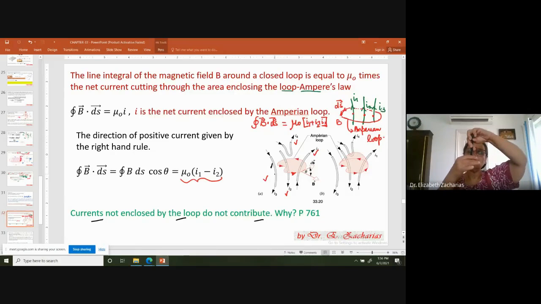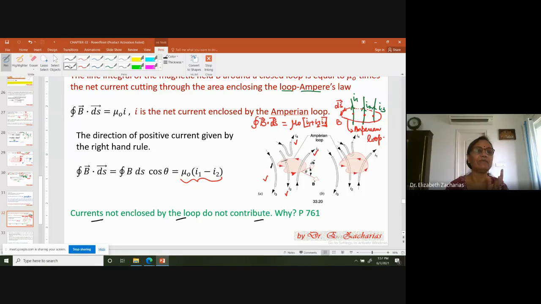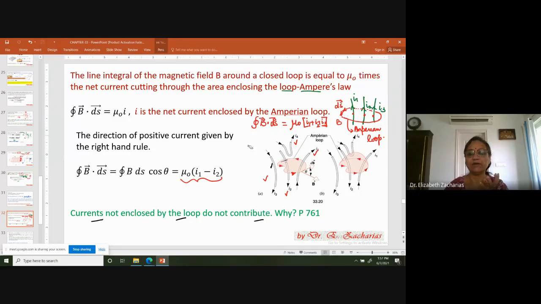Now, you look at that loop and see that for part of the loop, the magnetic field will be like this, and for the other part of the loop, it will be in the opposite direction. In other words, integral B dot dl for part of the loop will be positive, and for part of the loop it will be negative.